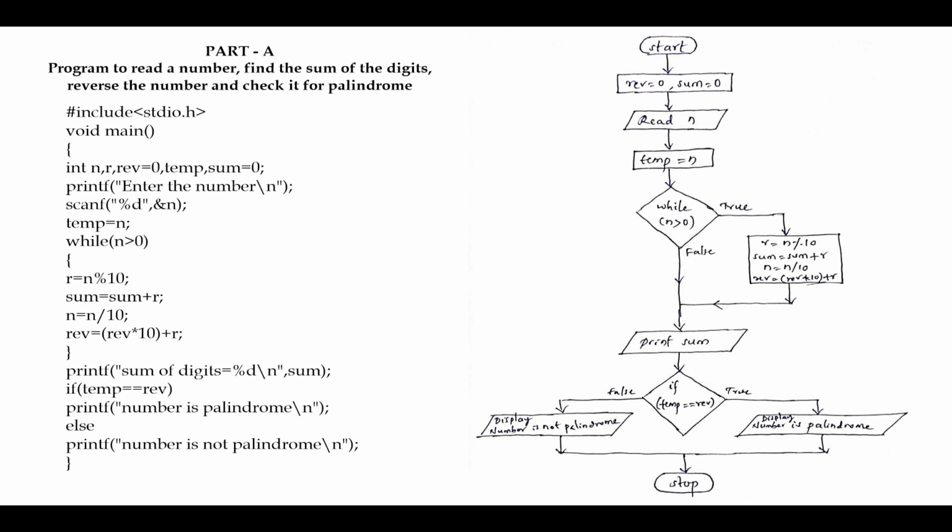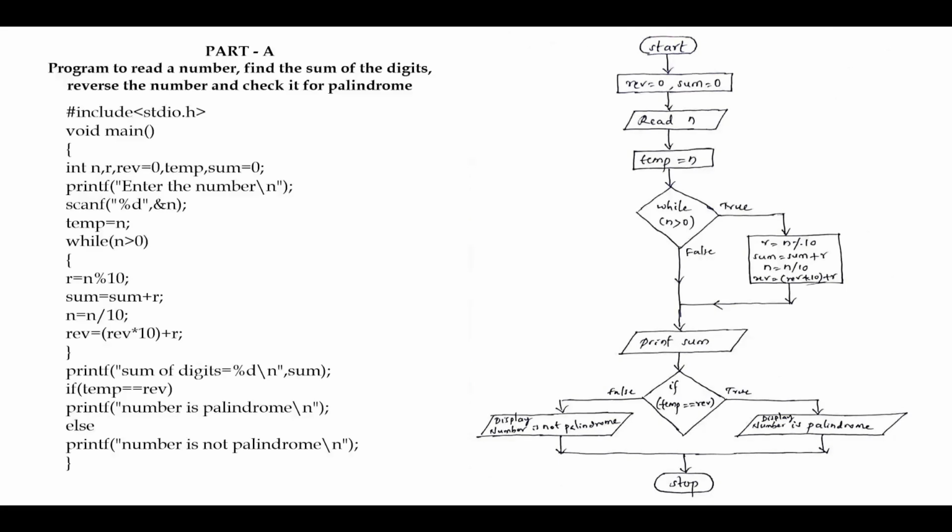And then lastly we are checking if temp is equal to reverse. If it is true, we display the number is a palindrome, otherwise the number is not a palindrome. For that we have taken a parallelogram, and finally we are stopping the flowchart using stop, that is the oval symbol. Got it?